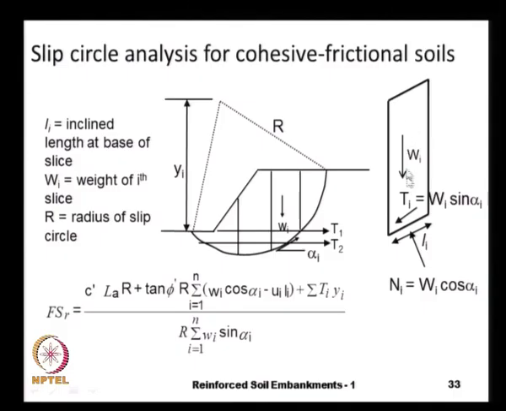Let us say that Wi is the weight of the soil within this ith slice, and because of this there is a normal force N, and then a tangential force T, that is the sliding force, and N is nothing but Wi times cosine alpha i, where alpha i is the inclination of the base of the ith slice, and Ti is Wi times sine alpha i.